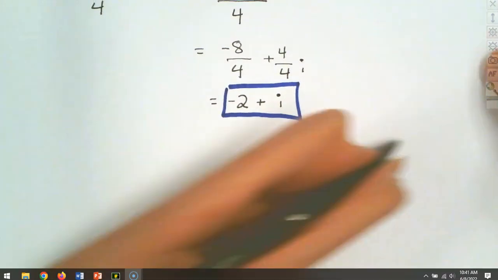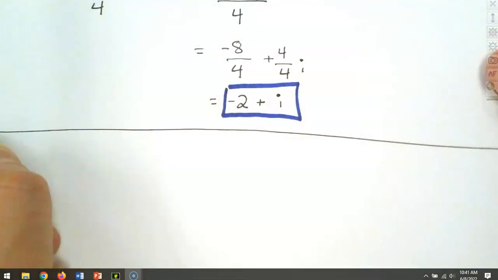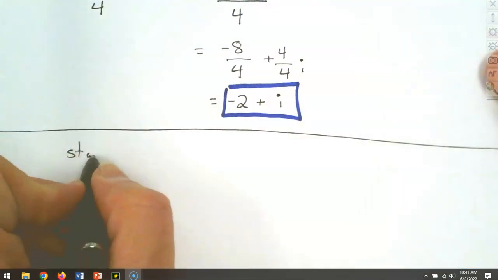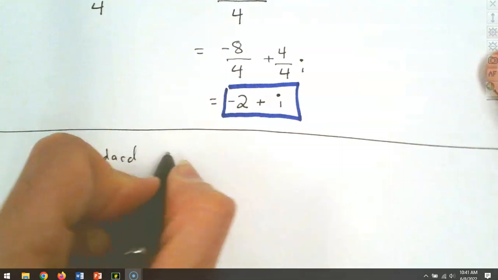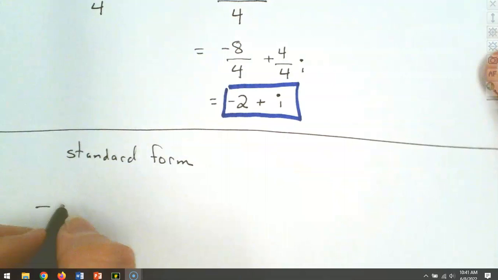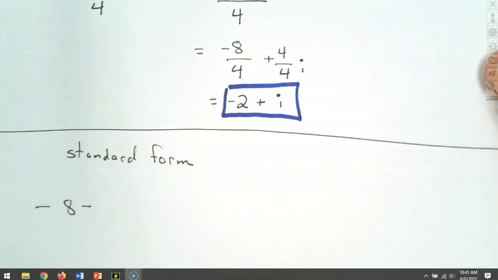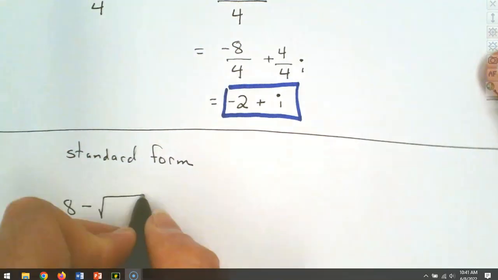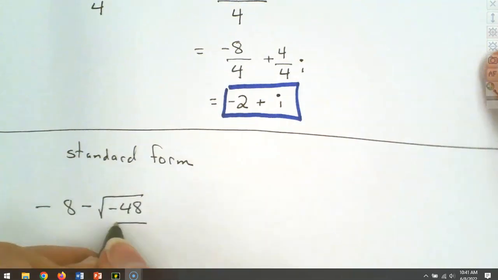Okay, let's try another one here. And again, we want these in standard form. Let's do minus 8 minus, how about the square root of minus 48 over 2.